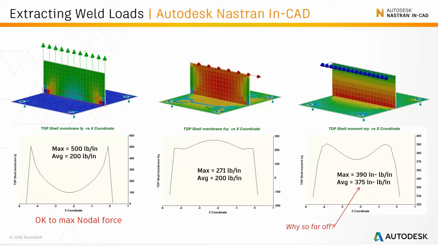Well, that's because the centroid of the element is not at the junction of the corner. So in essence, the 2-inch length of the vertical member isn't completely 2 inches long, because the centroid of the element is located at the middle of the element.